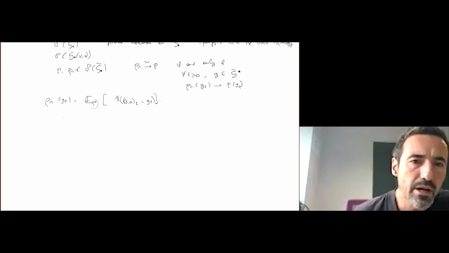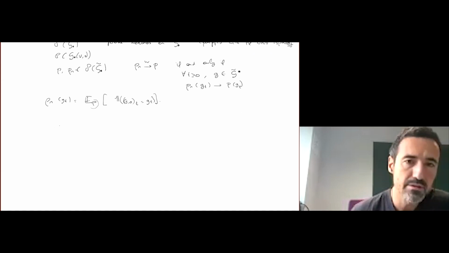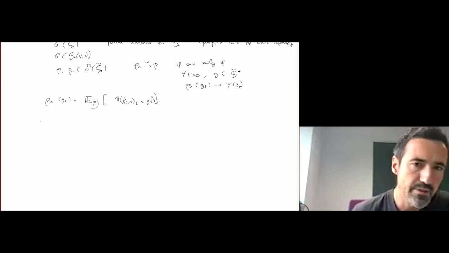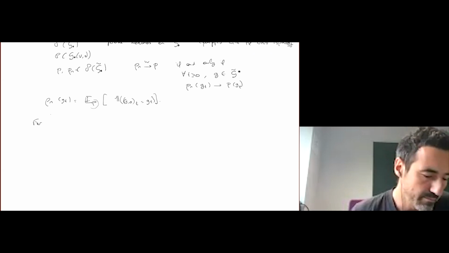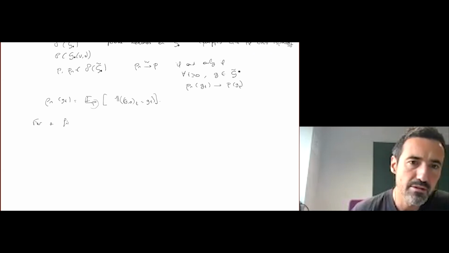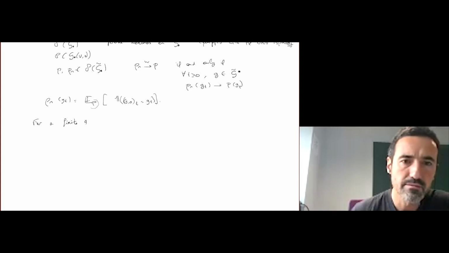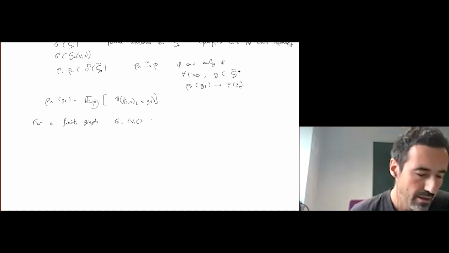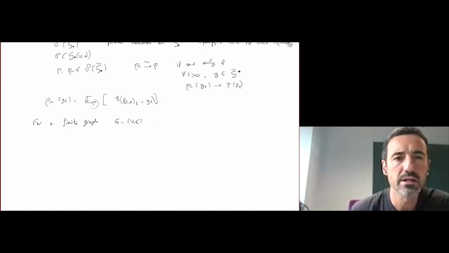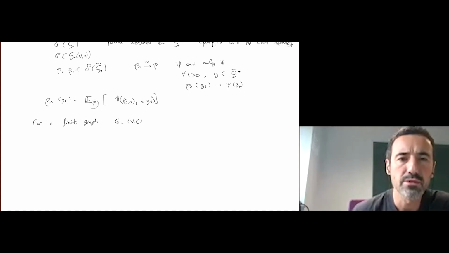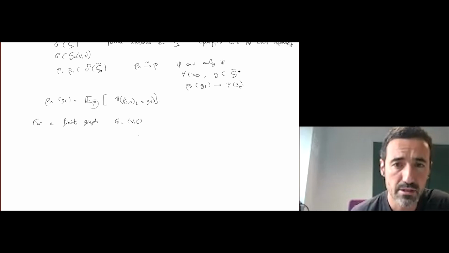We are not interested at the beginning in rooted graphs, but in unrooted graphs. This was the local topology, and this is where the Benjamini-Schramm convergence arrives. For a finite graph G, there is a natural random rooted graph that you can associate to it.